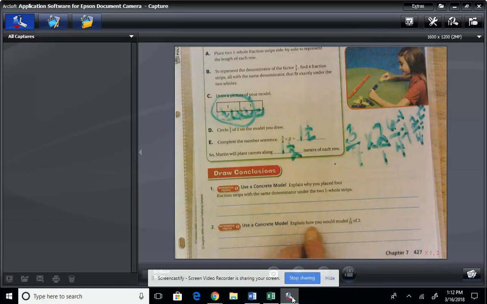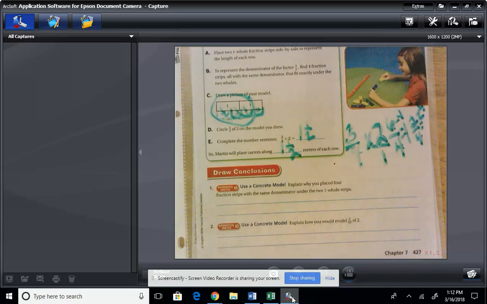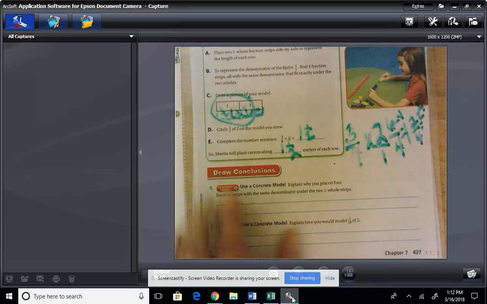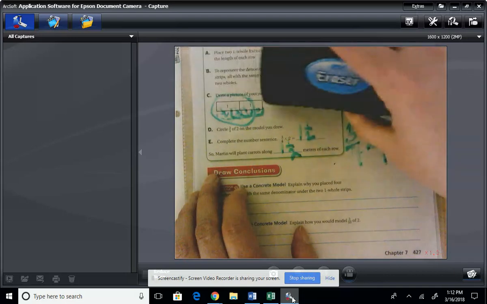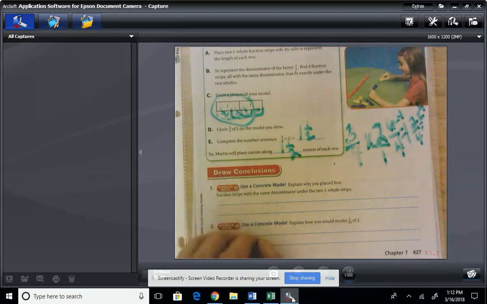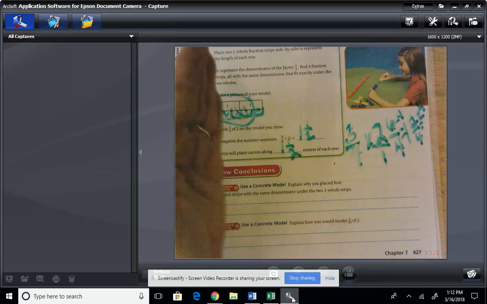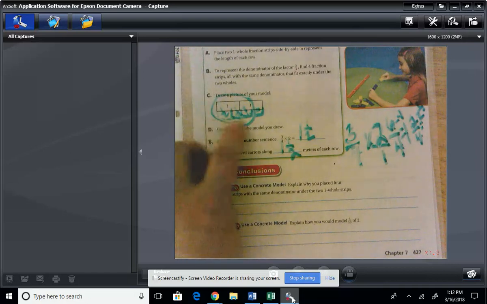So explain how you would model 3/10 of 2. Well, then I have to go back, and I would still do 3 parts out of the 10. So that means I would have to cut this part into 10 equal parts. So how much would that be here?